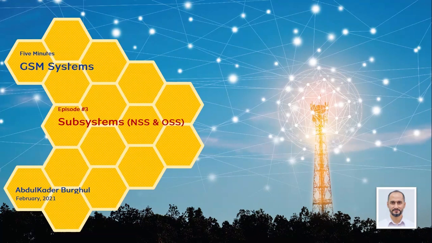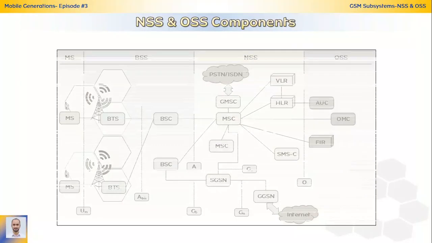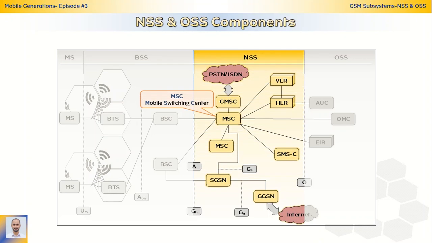In this episode, we will discuss the other two subsystems of the GSM architecture, the NSS and OSS. The main component of NSS is the switching center. We have databases for visitor location register and home location register.